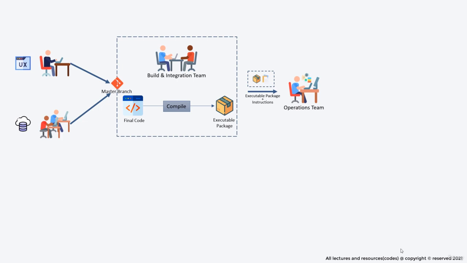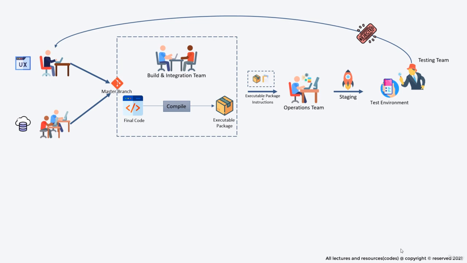Now the operations team, reading from those files, first deploys the software onto a test environment so that end-to-end testing can be done, and this is where the test and quality assurance team comes into action. During this phase, the QA team checks for any bugs and defects in the code and tests if the product matches the original specifications. If at all any defects are found, which obviously they will find, as nothing can be perfectly made in a single shot, then those defects are communicated back to developers for correction.